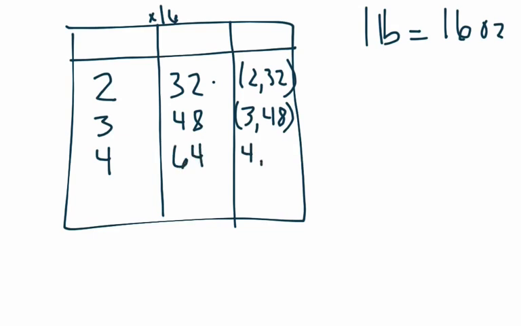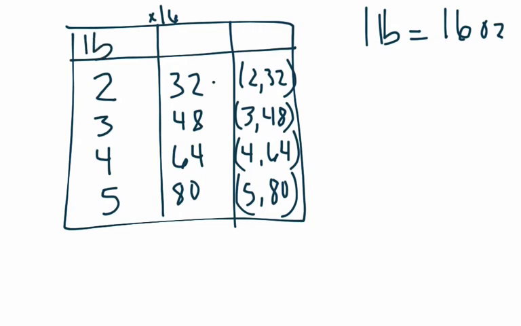That would be 4 pounds equals 64 ounces. And the last one is 5 pounds. Again, remember, we're going to multiply 5 times 16 equals 80 ounces. So it would be 5 and 80 right there. And right here it said pounds, ounces, and we have pounds and ounces in there.